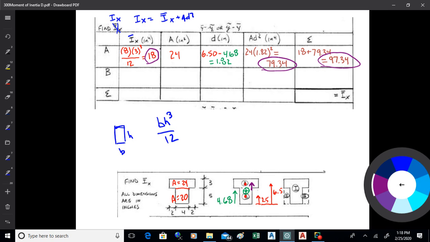So how about doing the same thing for B there? See if we can work that out.